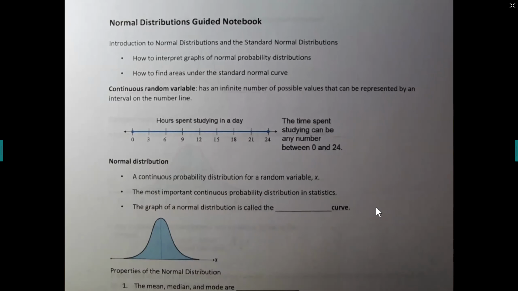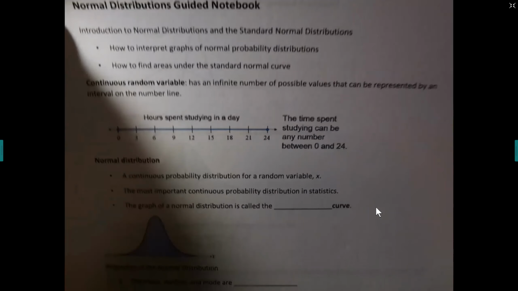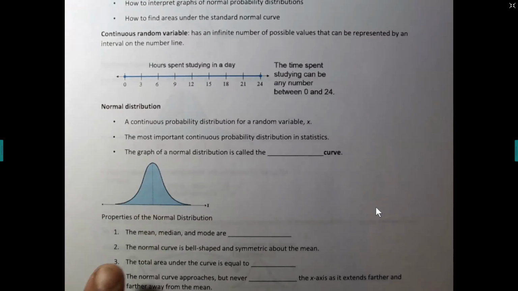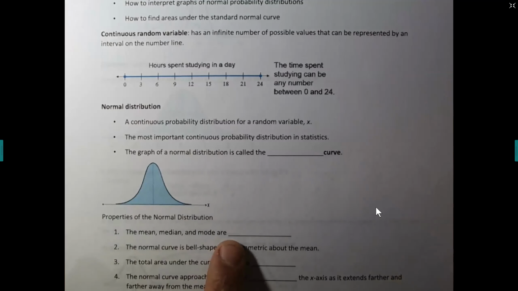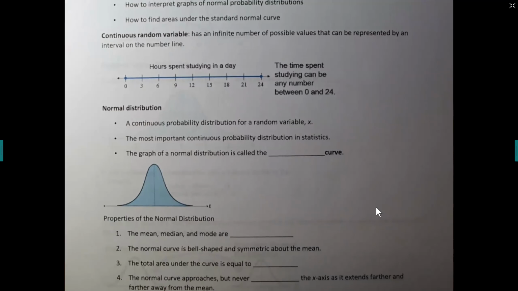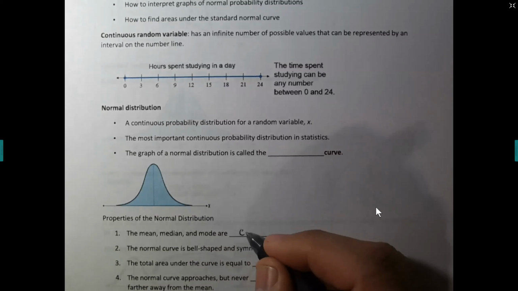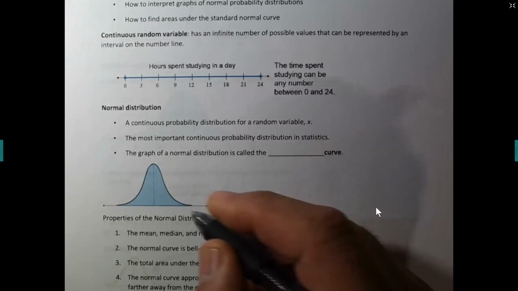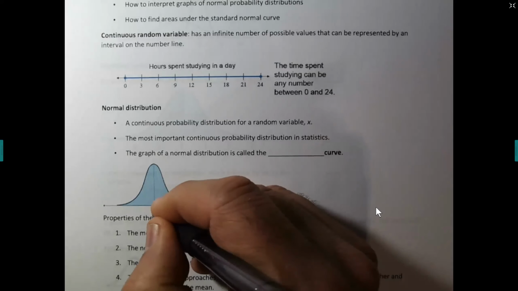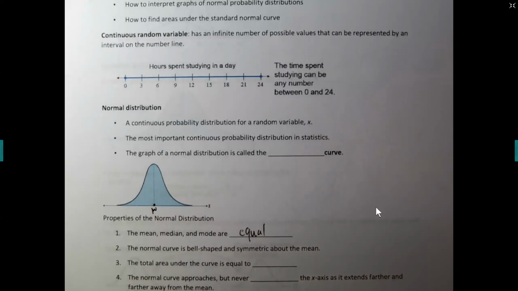Some properties of the normal curve. The mean, median, and mode are, I just mentioned the word earlier, equal. And if you want to know where, they're right here. The normal curve is bell-shaped and symmetric about the mean.